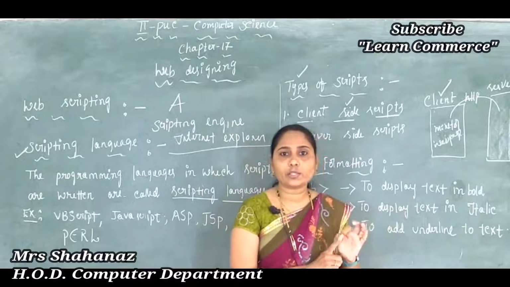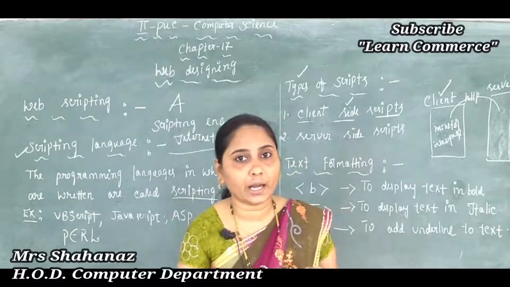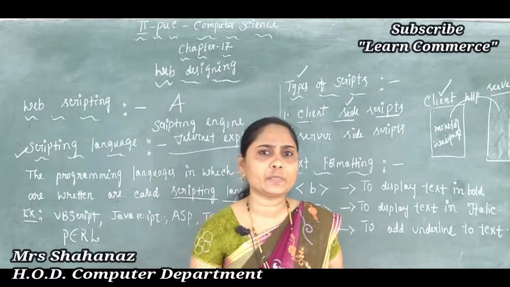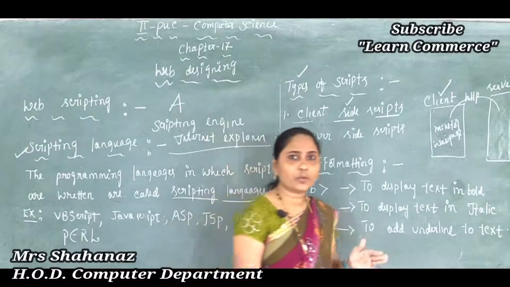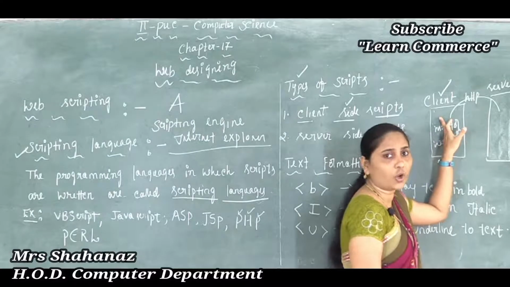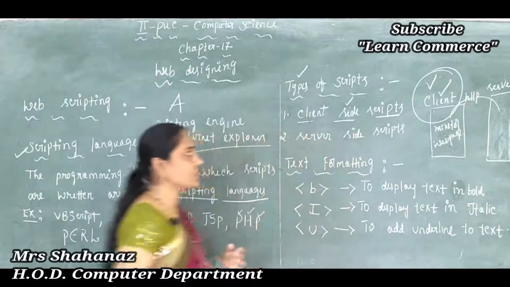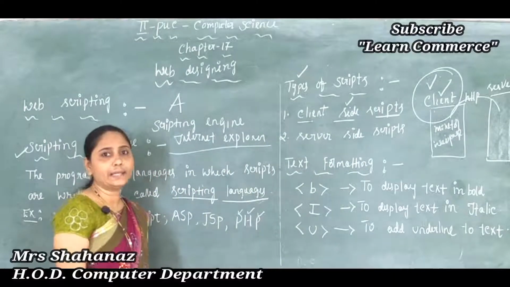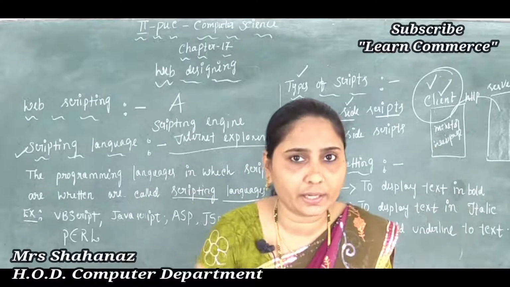And also the last point is to get the data from the user screen. That means any kind of information we access is obtained from the server side, by the client side. Clear this point here? So this is about our client side script. So clear the meaning of client side script in this way here.